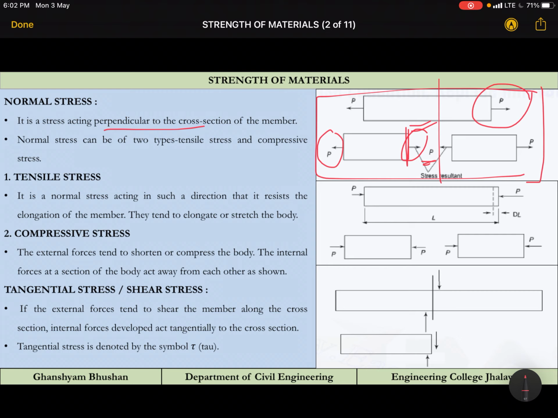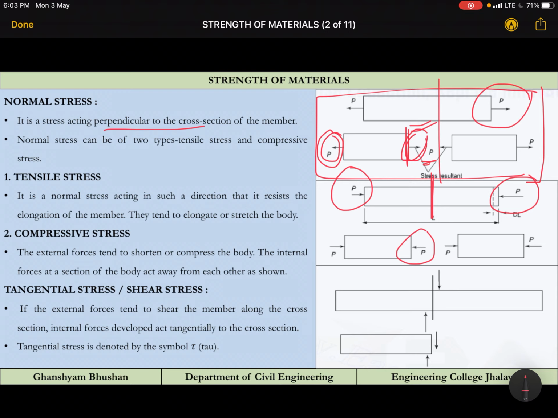It can be of two types. If the stress is away from the section, trying to tear it, it is termed tensile stress. The stress can also be towards the section. In that case, if you cut the section here, you will see this force is trying to compress or contract the body, so this type of stress is compressive in nature.